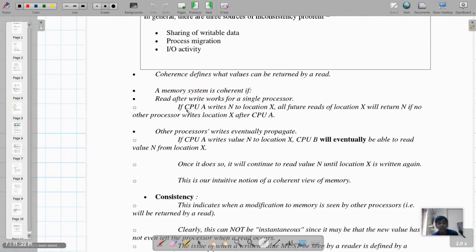In other words, if CPU A writes N to location X, all future reads of location X must return this N, as this N is the most recently updated data into this memory location X. Right? Now, if some processor has access to some other value than N for this memory location X, then the situation is not coherent.